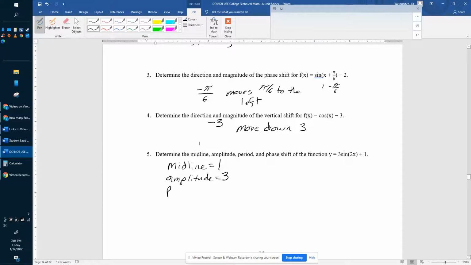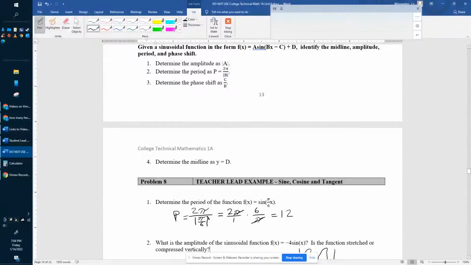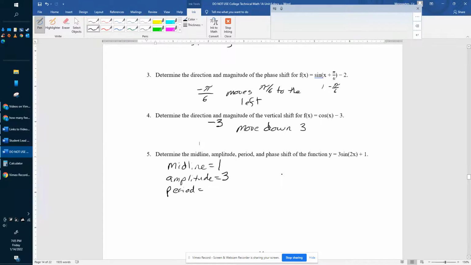How about the period? Let's look up here again. The period p is 2 pi over the absolute value of b. b is on the inside of the sine function. So 2 pi over the absolute value of b, which is 2, the period is pi.